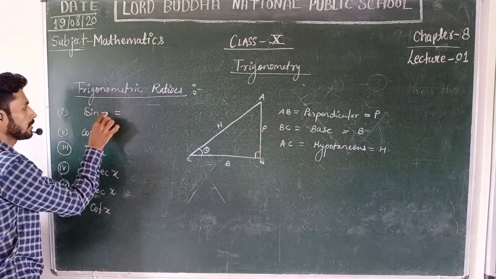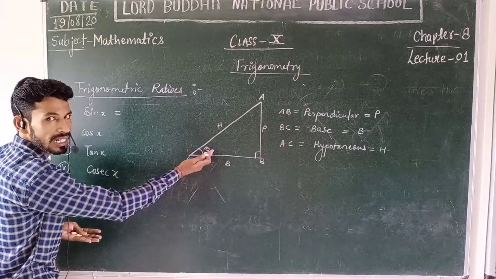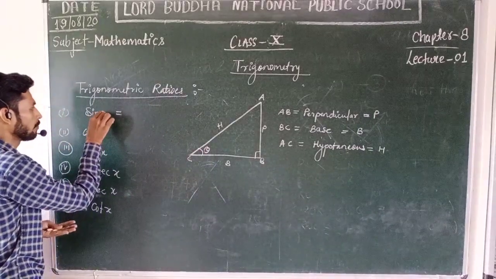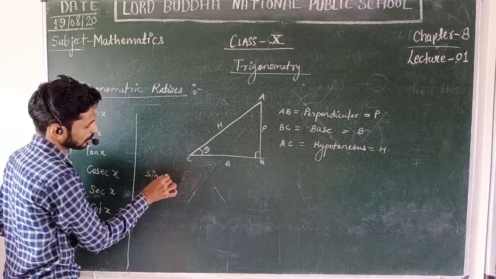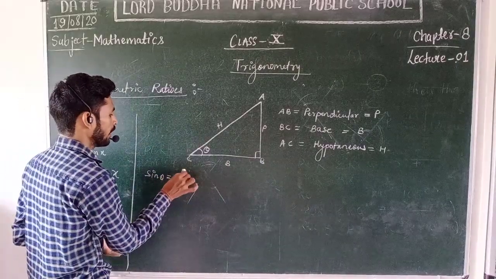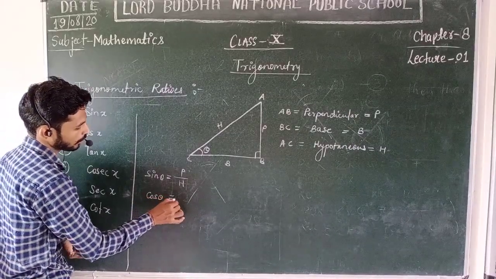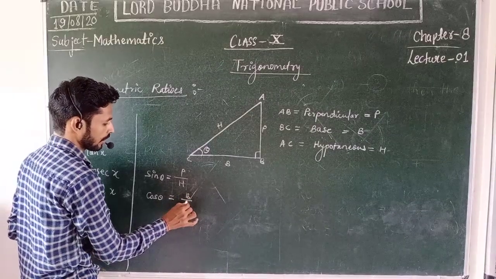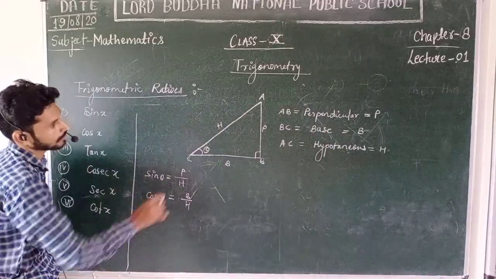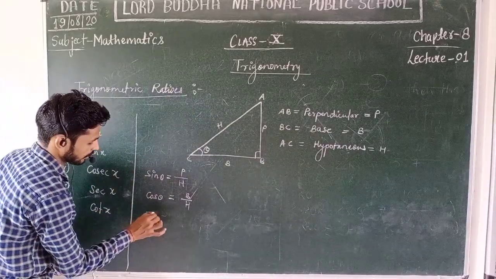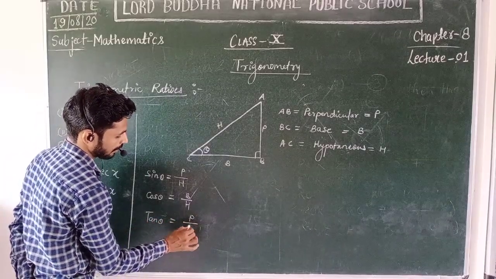So we write it as sin theta. Sin theta equals perpendicular upon hypotenuse, cos theta equals base upon hypotenuse, and the last one is tan theta, which is equal to perpendicular upon base.